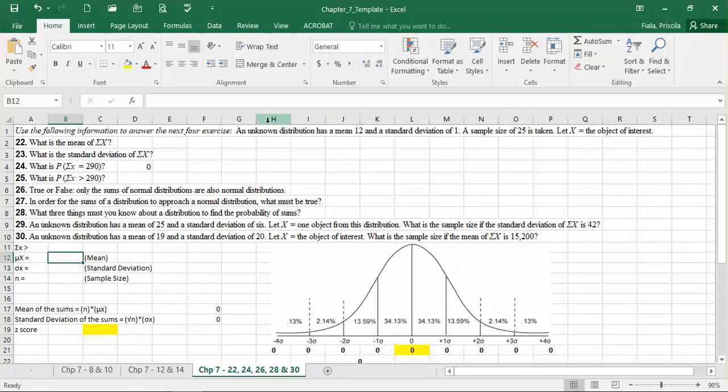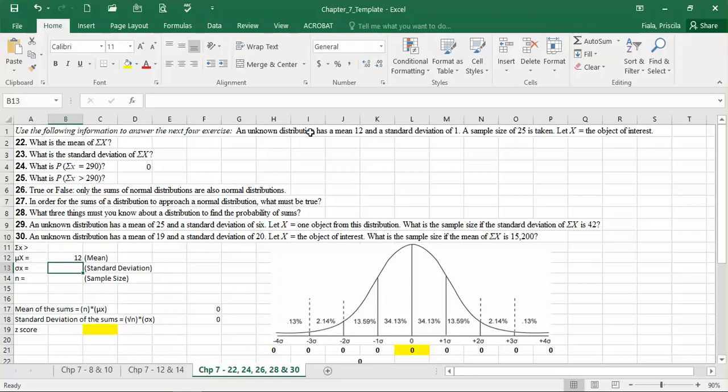So for example, right here, an unknown distribution has a mean of 12. So the mean of this distribution is 12 for this population, which could be anything. It's 12.